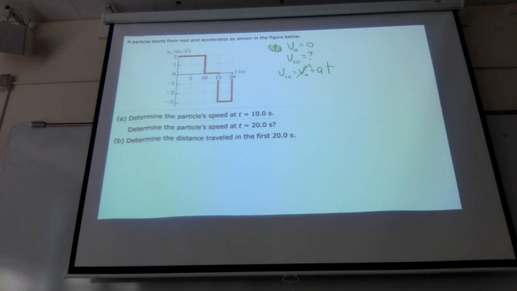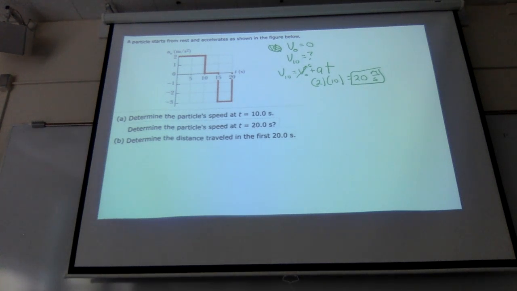Notice that's a kinematic equation. And this is 2, looking at the graph. And the time is 10. And we don't need a calculator for that, I hope. 2 times 10 is 20. So at 10 seconds, we're moving 20 meters per second. We sped all the way from 0 to 20 meters per second.